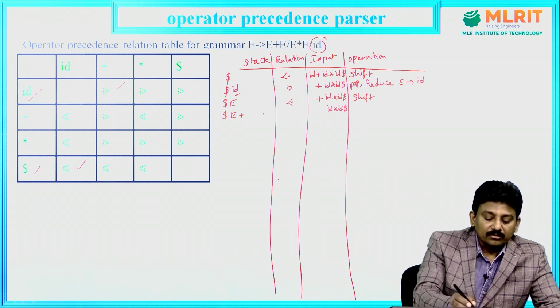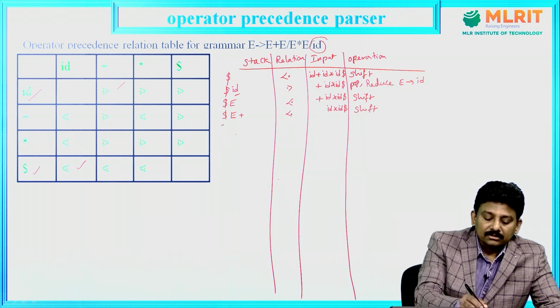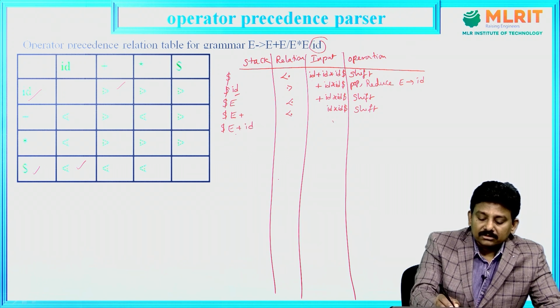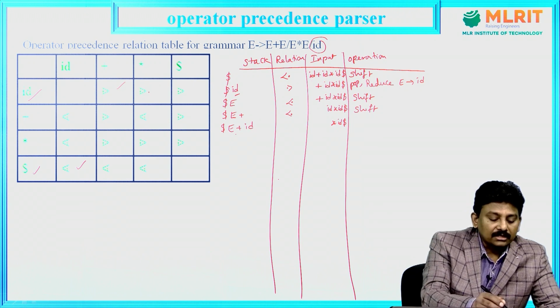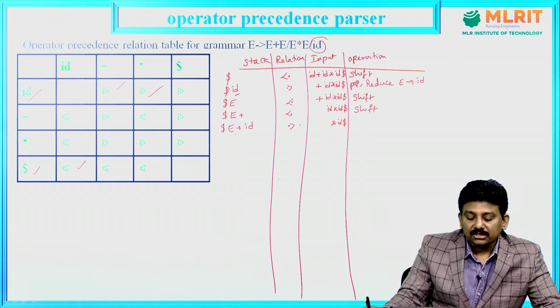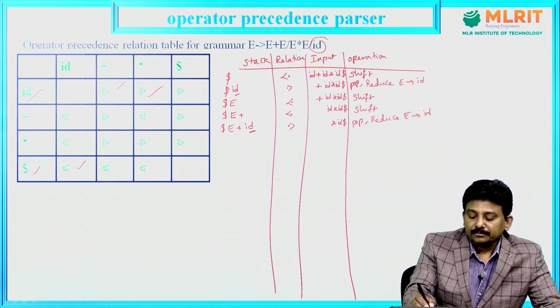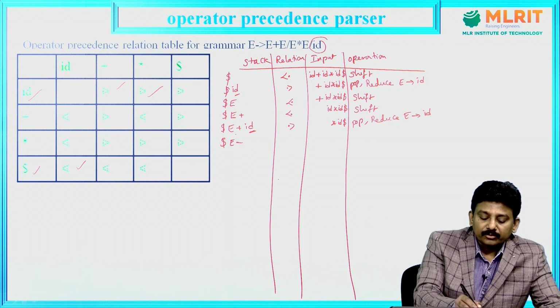Plus has less precedence than ID, so shift: dollar E plus ID, and star ID dollar. The top of the stack is ID and star has higher precedence, so ID has more precedence than star, so pop and reduce by the production E derives ID: dollar E plus E, and star ID dollar.